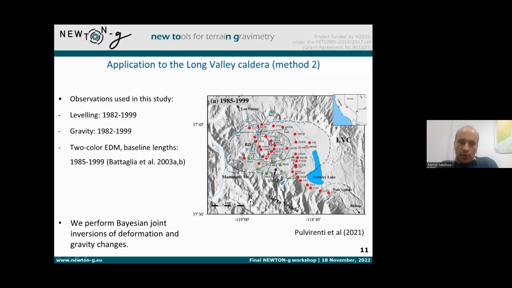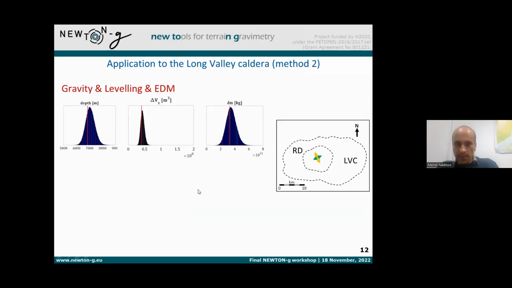The data that we have for this inflation over 1982 to 1999 consists of leveling data, gravity change data, and baseline measurements. So the baselines are represented by these lines here, and all these red circles represent leveling and gravity data. So we perform a Bayesian joint inversion of all these data sets.